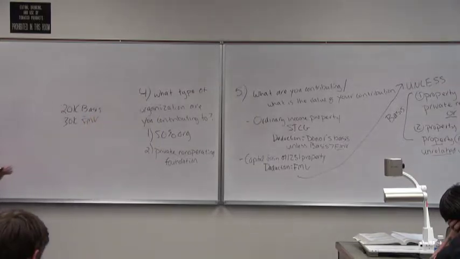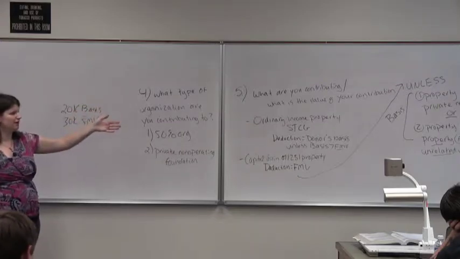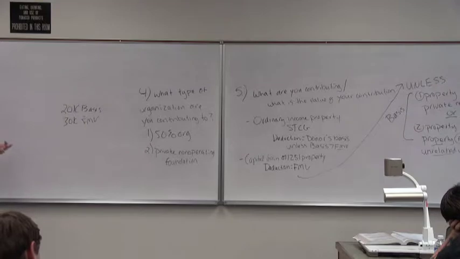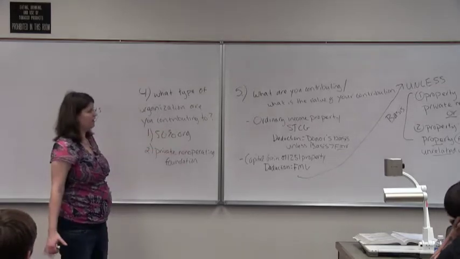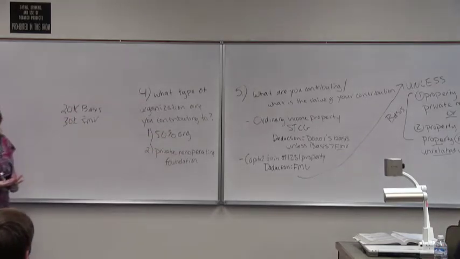Okay, let's take a look at these exceptions. Was it contributed to a private non-operating foundation? No, it was contributed to an art museum, which is a 50% organization. Second, is it tangible personal property, the painting? Yes. It's personal property, it's not real estate. A painting is tangible. You can touch it. You probably shouldn't touch a Picasso painting, but you can.